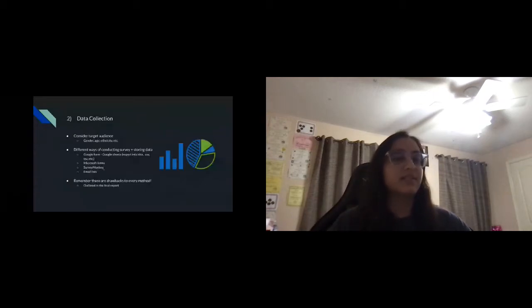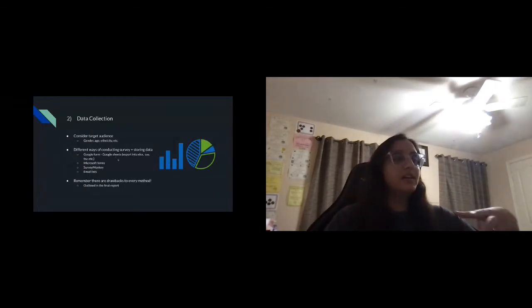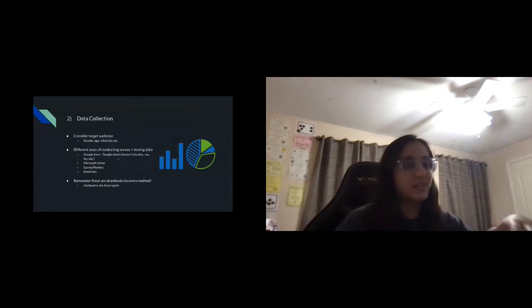So instead of just having your data stored in the actual sheet itself, you would have a list of emails where the data set gets attached to the email itself, so per person. But the other thing you also have to keep in mind is that even though these may seem like good ways to do your surveys, there's a drawback to every method that you use, which I will also go over in the final report.